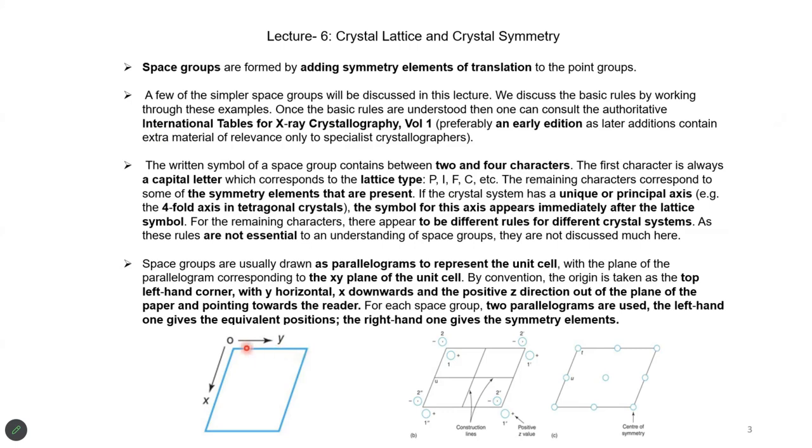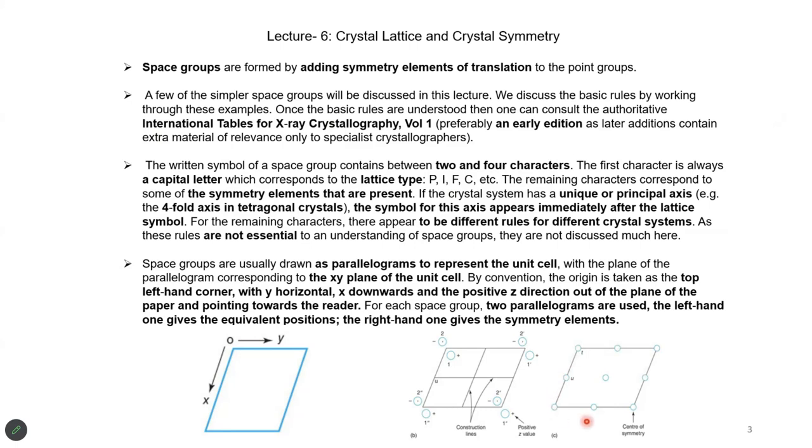We fix the origin in the top left-hand corner of the parallelogram, what I show you here. And it is in the XY plane, as we are representing it, so y in the horizontal way and x in the vertical way. That is how we represent a unit cell parallelogram. Then we have two of such.